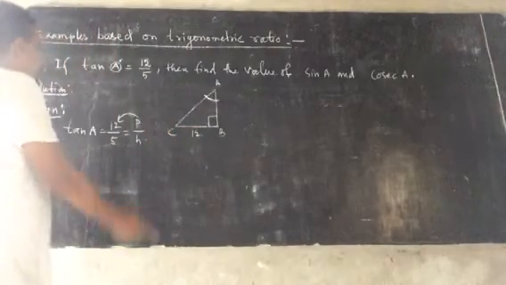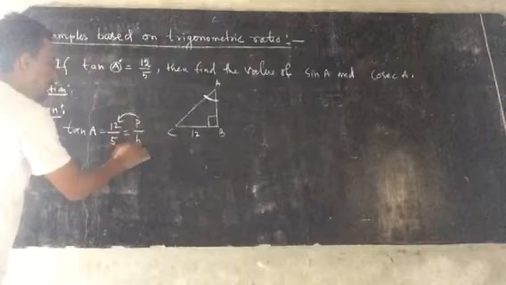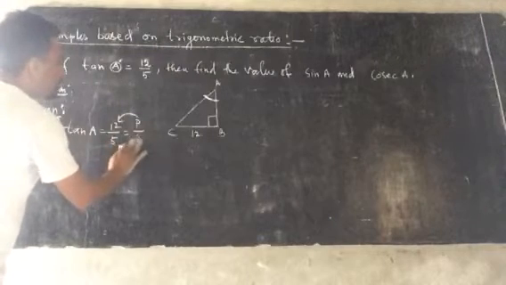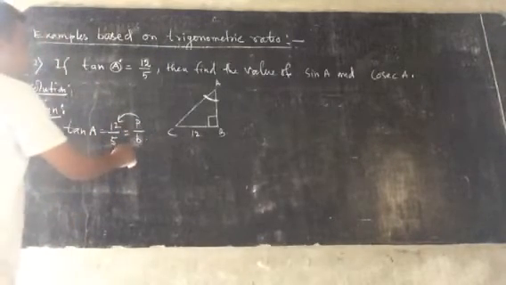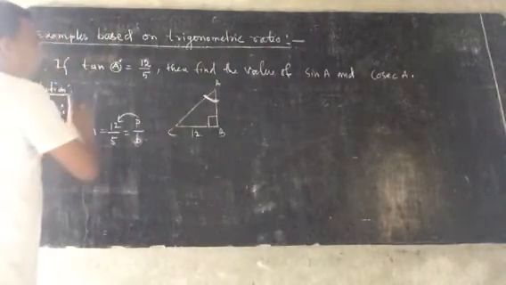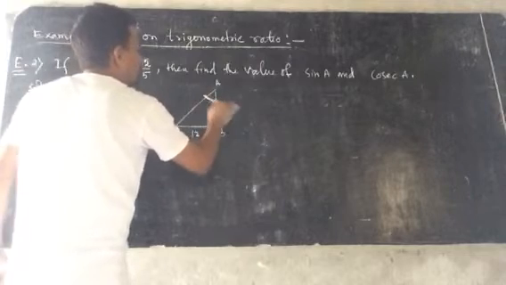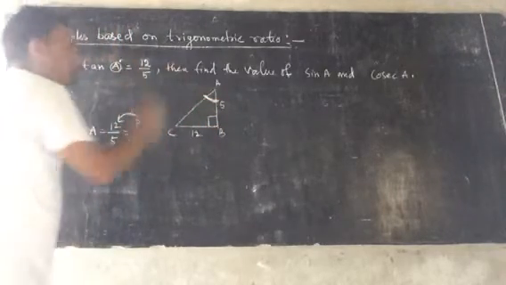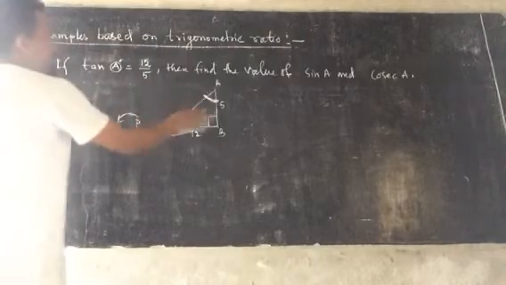Sorry, the formula of tan is P by B, not P by H. For this acute angle, B will be which side? This one. So it is how much? 5. This is 5, and this is 12.